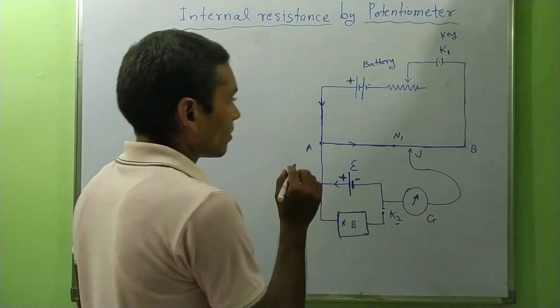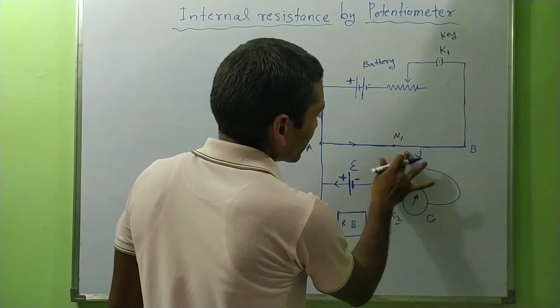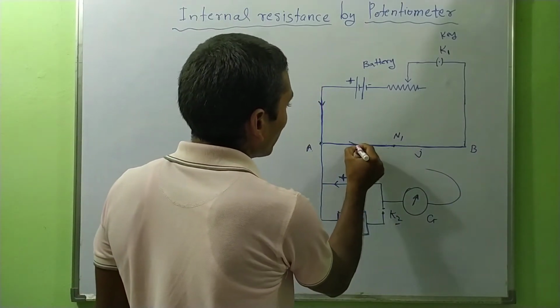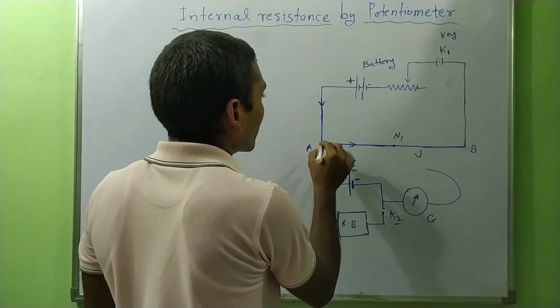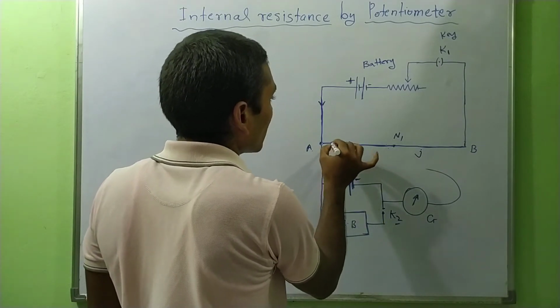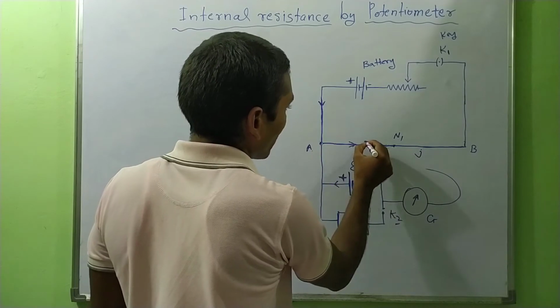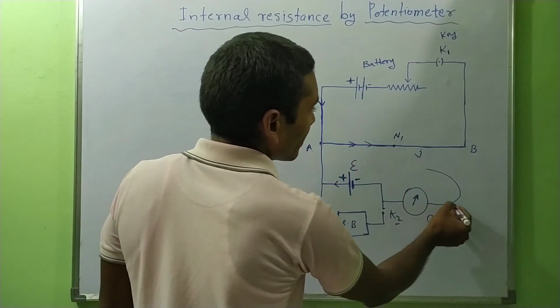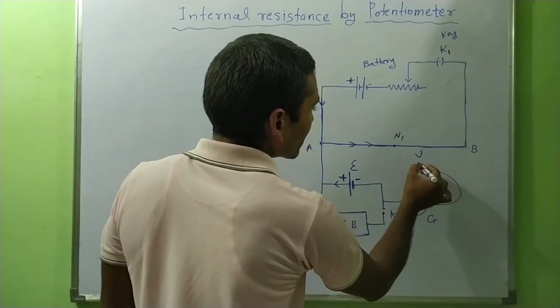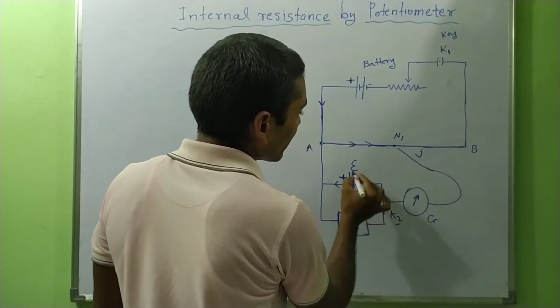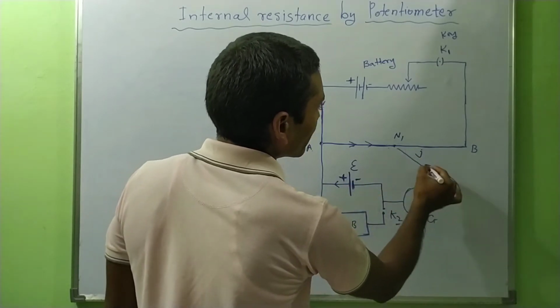Why? We have to understand this. The current is along this direction and the direction of the voltage drops is along this direction, and the direction of the voltage drop in this cell is along this direction.